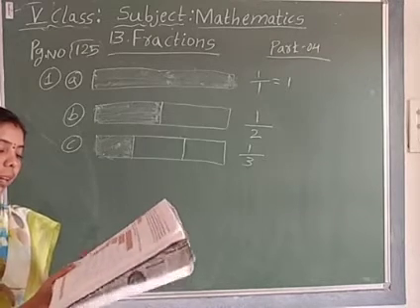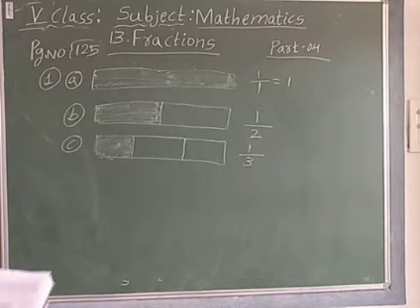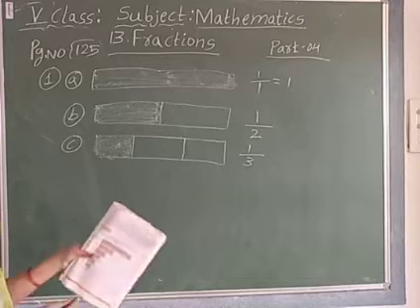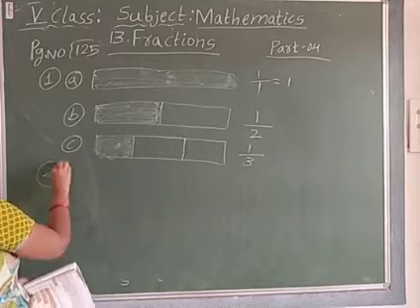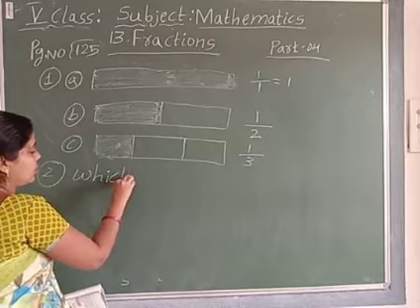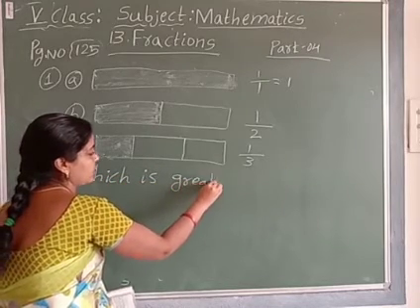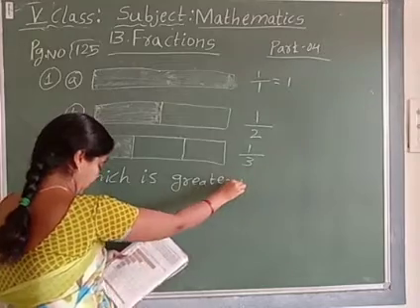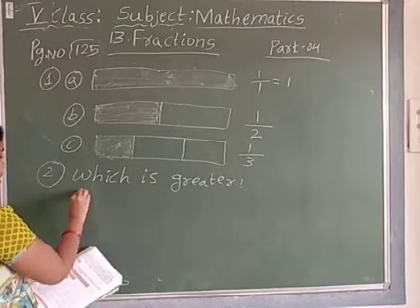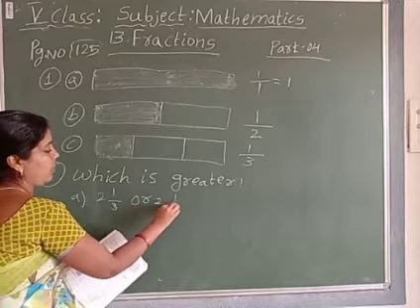Okay. Next one. Which is greater? First of all you will draw this. Which is greater? Second bit. 2 1 by 3 or 2 1 by 5.